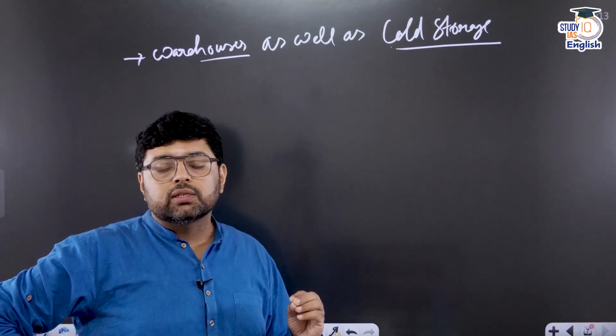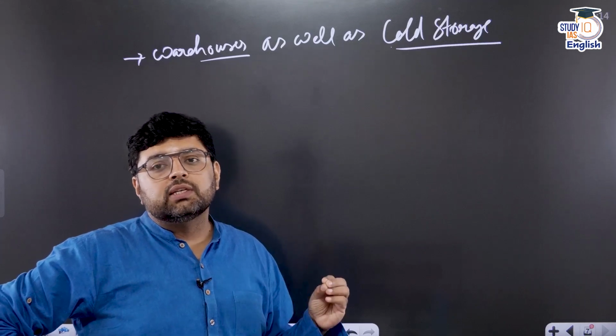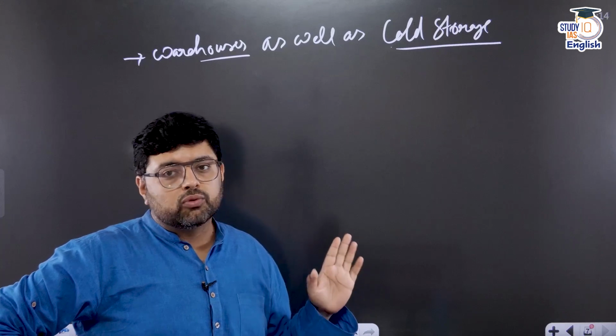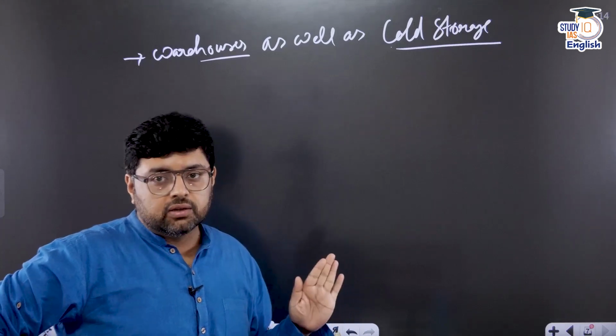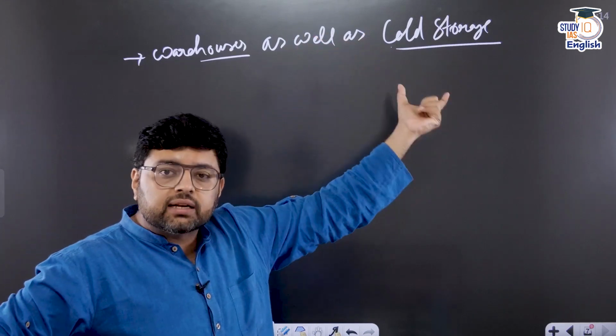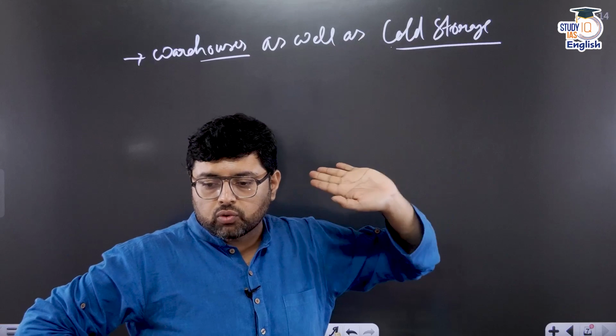But in cold storage, you have to develop such a system that all the fruits and vegetables that require different temperatures can be kept. This is the need. And for that, government is inviting the private sector to invest in warehouses and cold storage. So this is what you have to remember.